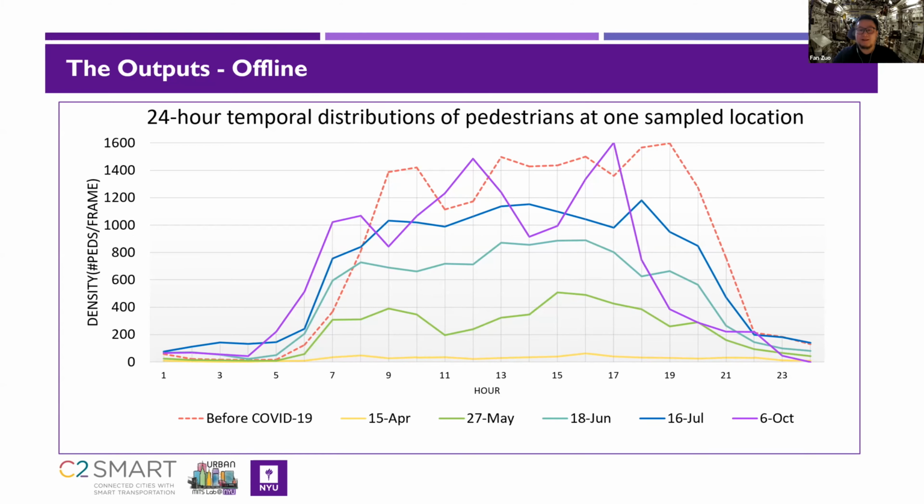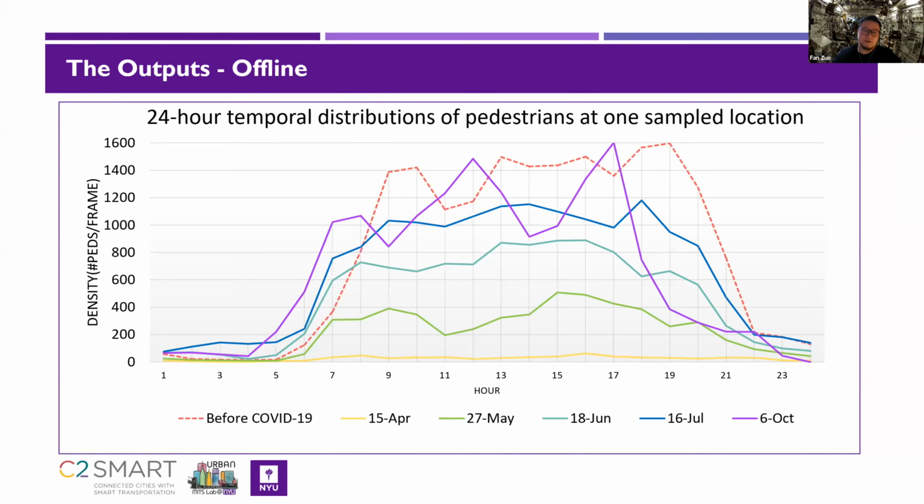This location normally has an overall high and consistent pedestrian density throughout the day before the pandemic, just as the red dashed line here. Within the time elapsed, pedestrian density grows from almost a straight line to the same peak patterns as pre-pandemic levels, right?